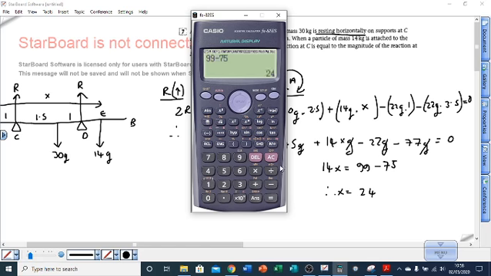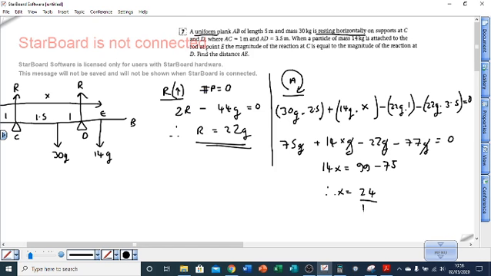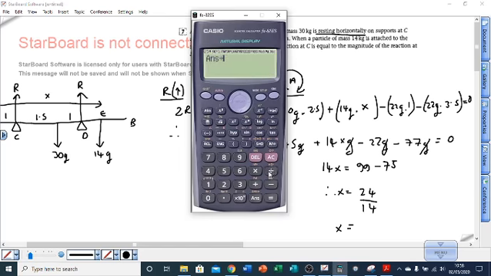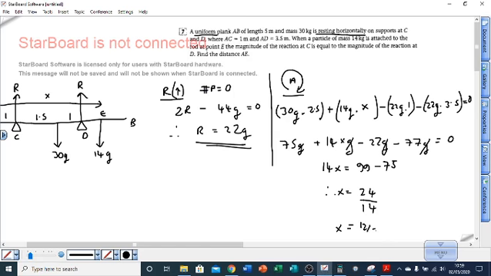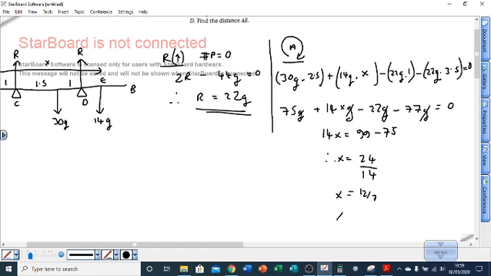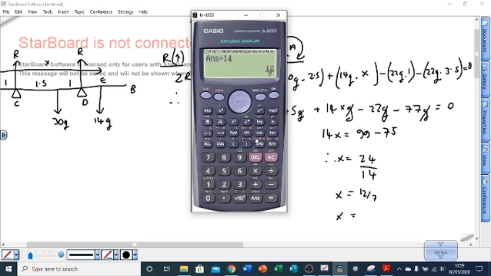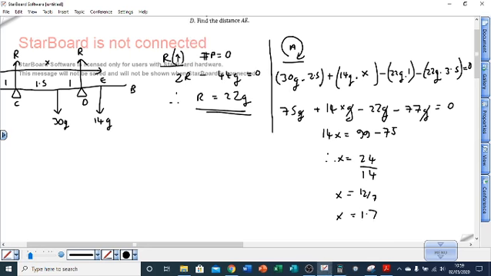I'm embarrassed. It's 24. Divided by 14. Okay, so that's what X is, and divided by 14, you end up with 12 over 7. So I'm going to put 12 over 7, and then I'm going to round it to 3 significant figures because g was used. So that gives you 1.71 meters. 1.71 meters from A.